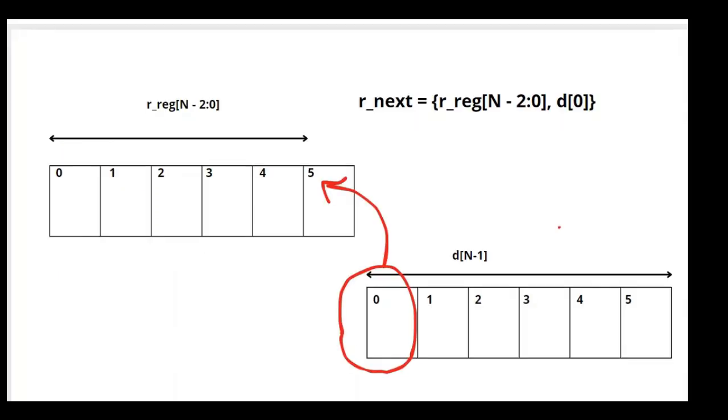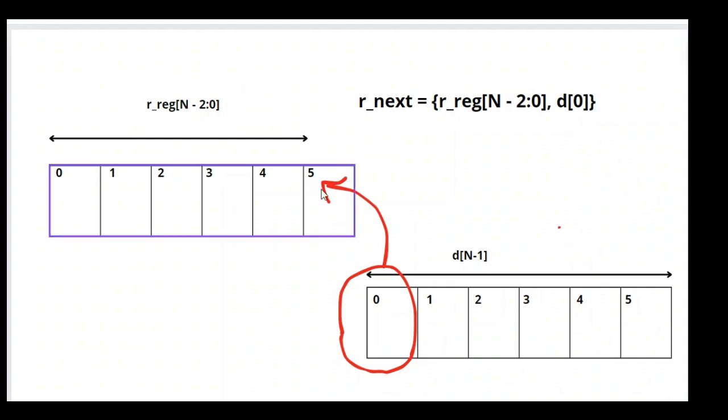Let us understand how the left shift and right shift take place in the universal shift register. So r_reg is the current state of our register, that is, it represents the present content inside the register.